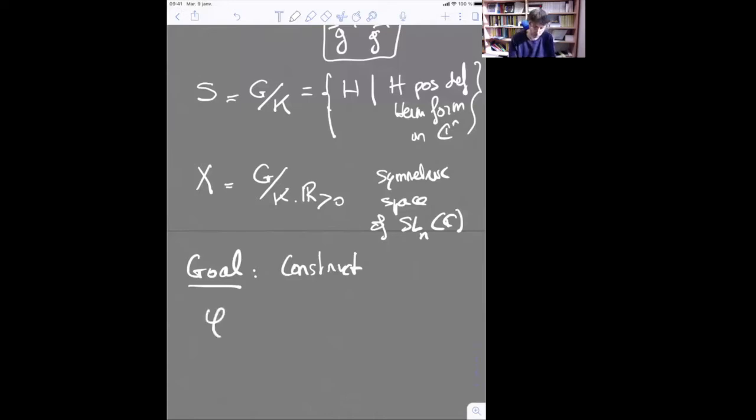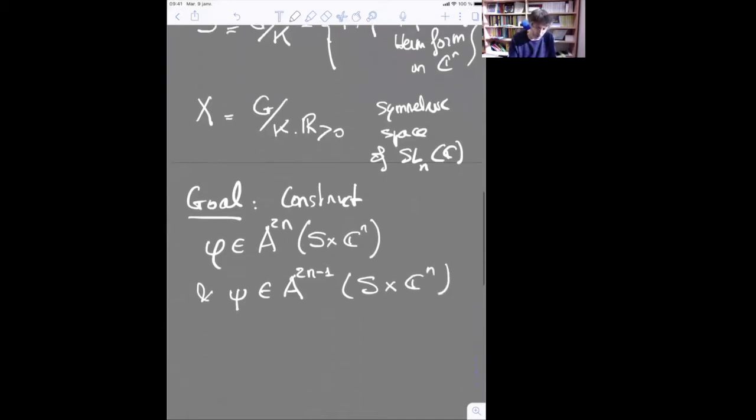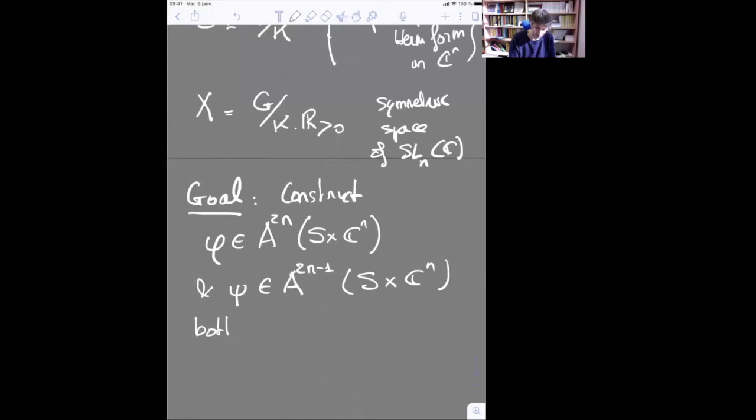First, a differential form I will denote phi, which will be of degree 2n and live on S cross C^n, and a second differential form psi of degree 2n minus 1, again on S cross C^n, that are both rapidly decreasing in the fibers C^n.